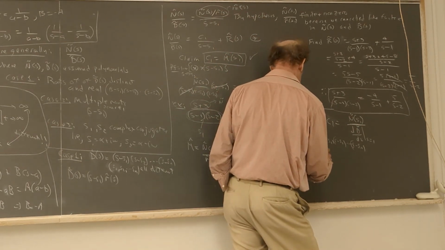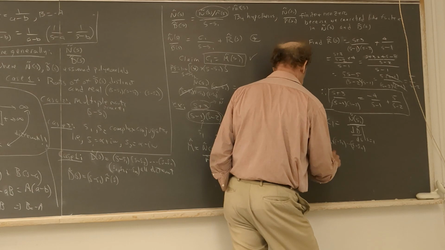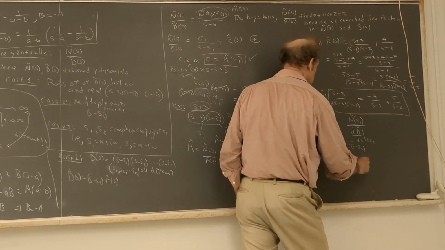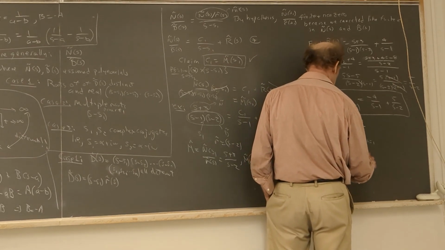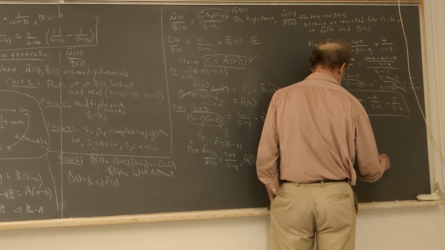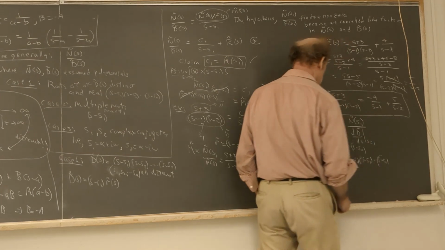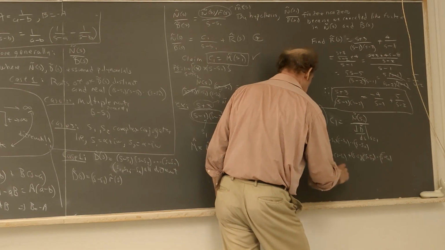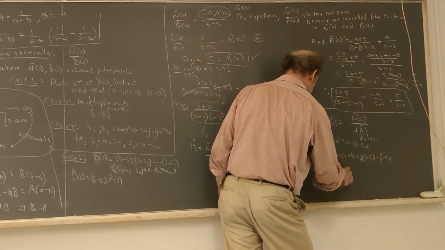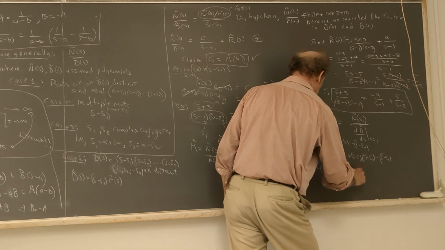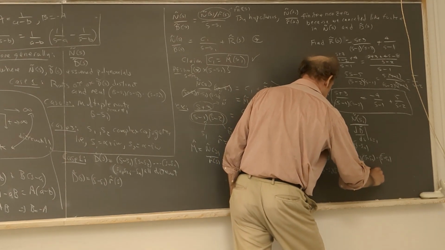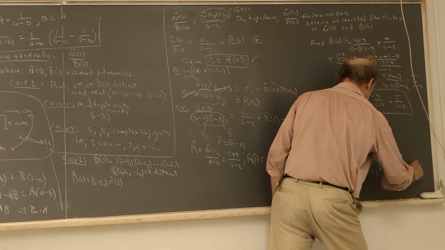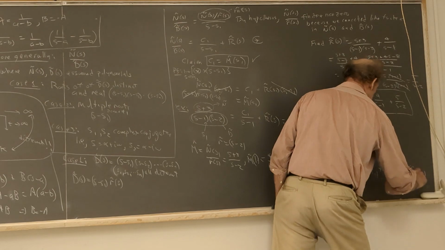So it's s minus s2, dot dot dot s minus sn, plus s minus s1 times s minus s3, dot dot dot s minus sn, plus s minus s1 times s minus s2 times s minus s4, dot dot dot s minus sn, plus dot dot dot s minus s1, dot dot dot s minus sn minus 1.